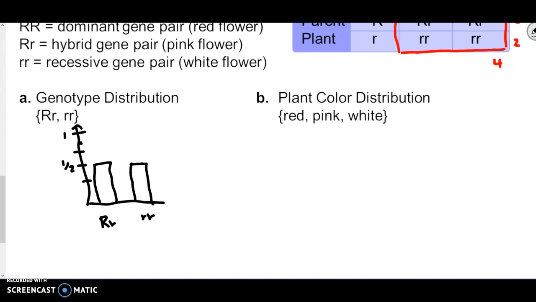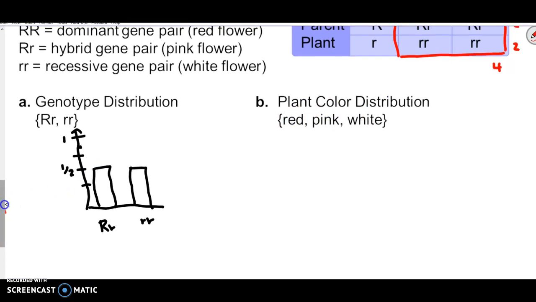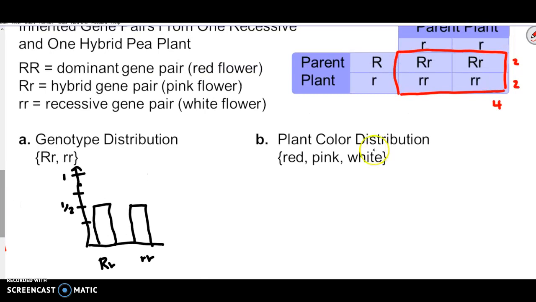Okay. Now for the second one, we have plant color distribution. Well, it tells us we have 3 possible colors. We could either have red, pink, or white. The red is 2 capital R's, pink is a combination of capital R and lowercase r, and the white is both lowercase r. So we're going to have 3 possible outcomes.